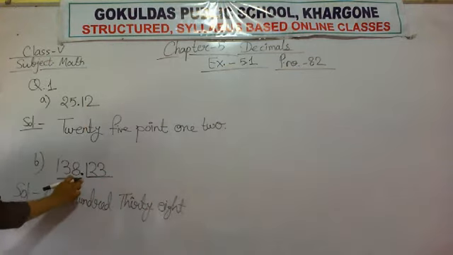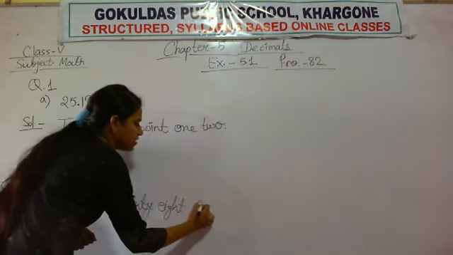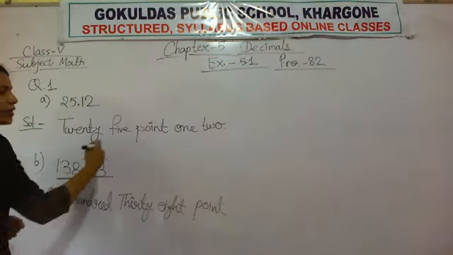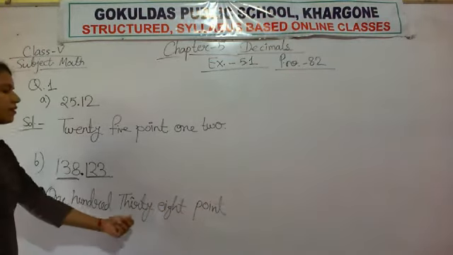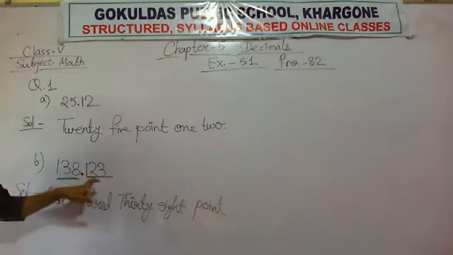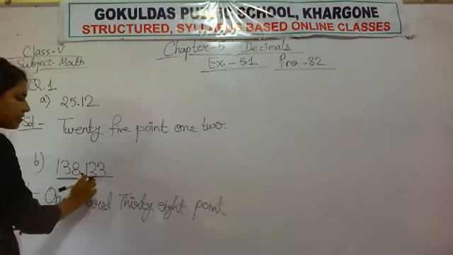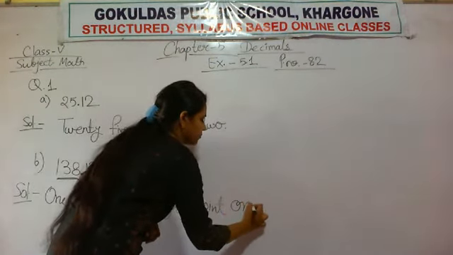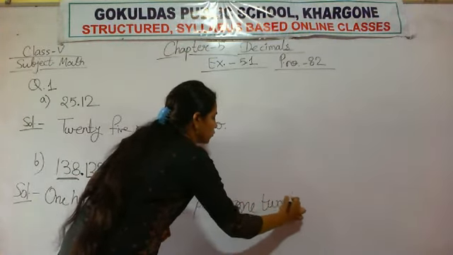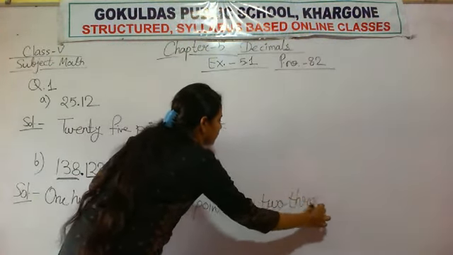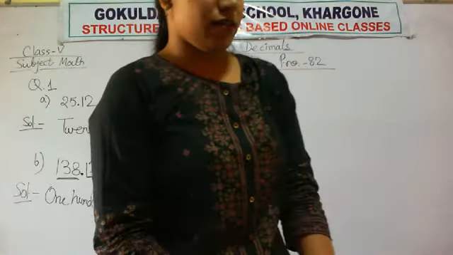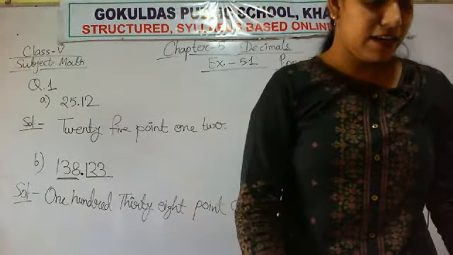Then I see a decimal, so I will write point. 138 point. I write the decimal parts separately, so one, two, three. This is how we read any decimal number and write its number name.